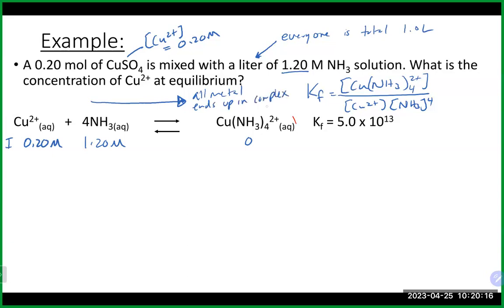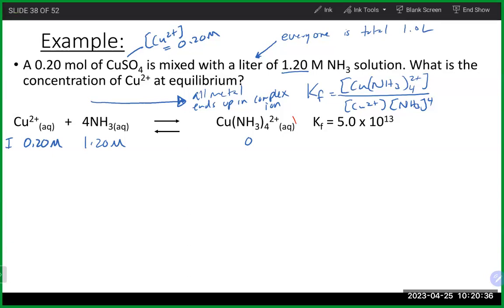So that is basically the first assumption that we make when we do these type of problems, that because of such a large value of K, pretty much that metal is going to end up in that complex ion. Everybody's going to head to the right-hand side. So what we know in this case is what the change should be.